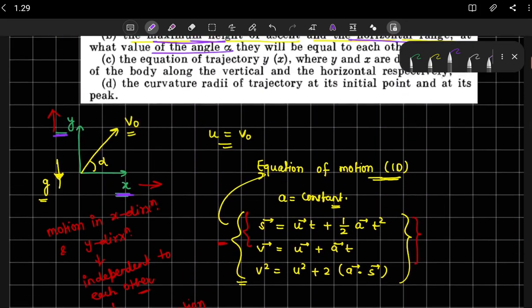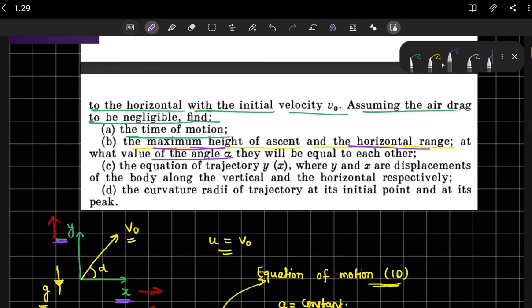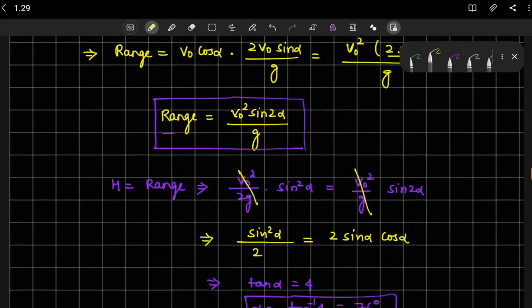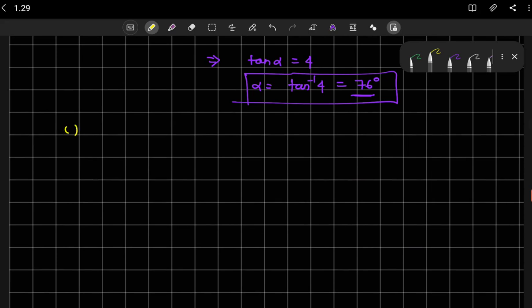Now coming to the third part, it is asking to find the equation of trajectory, y as a function of x, where y and x are the displacement of the body along the vertical and horizontal respectively. Okay, so let us talk about the C part. Let us say the displacement in the y direction is represented by y and the displacement in the x direction is represented by x.